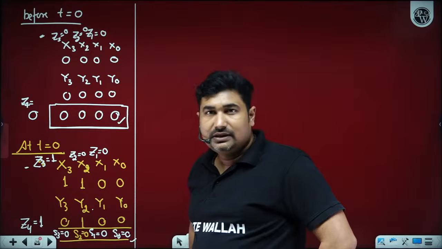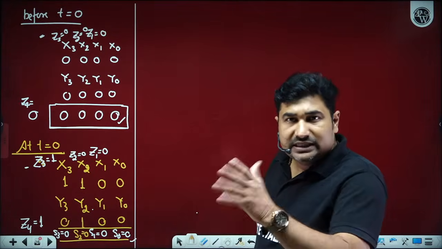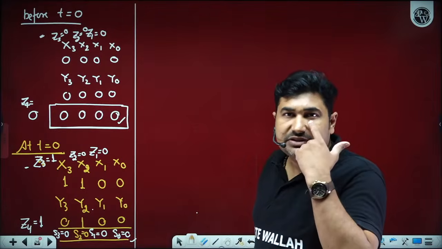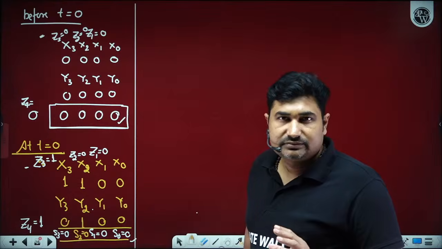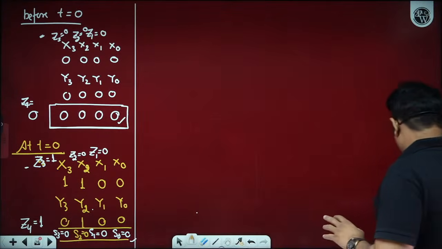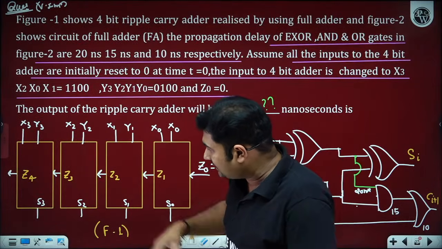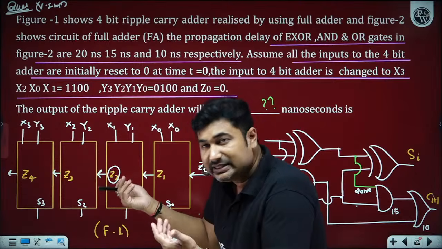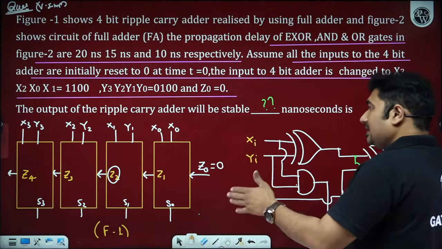Yes, sir. So till Z2, before t equals 0 and after t equals 0, the data till Z2 will remain the same. It means the addition up to this part will remain the same. There is no change in Z0, Z1 and Z2.